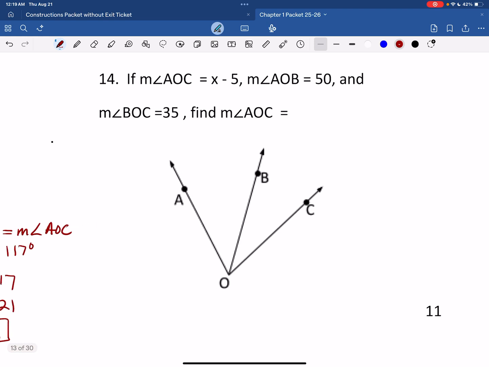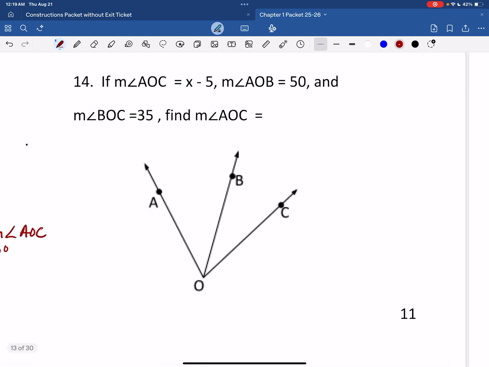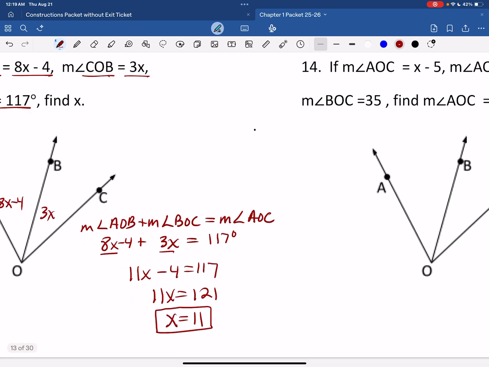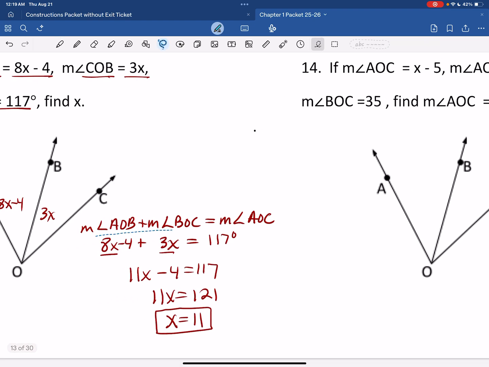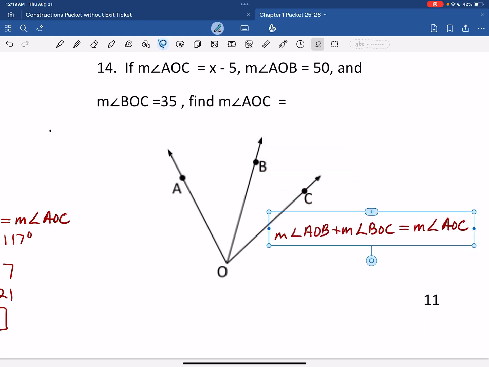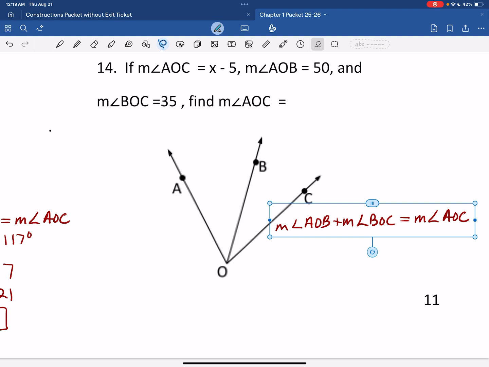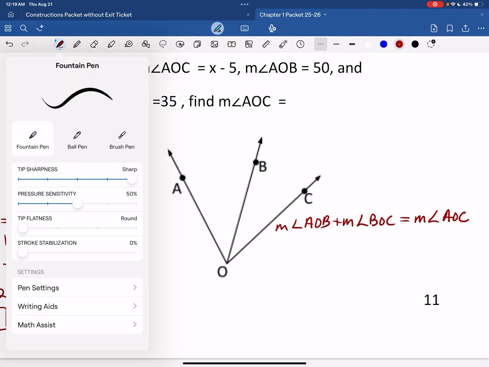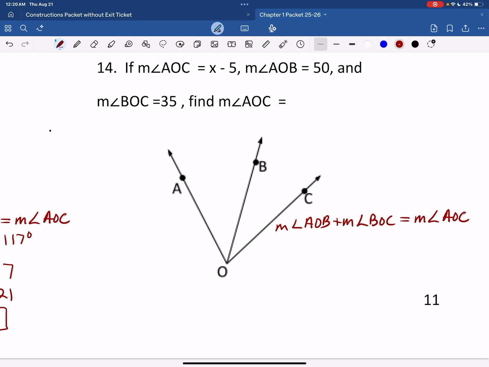Here we go. What's this equation? Okay, this equation is the same, right? So I get to just copy and paste. There we go. Now I'm going to fill in what I know. It says AOC is x minus 5.